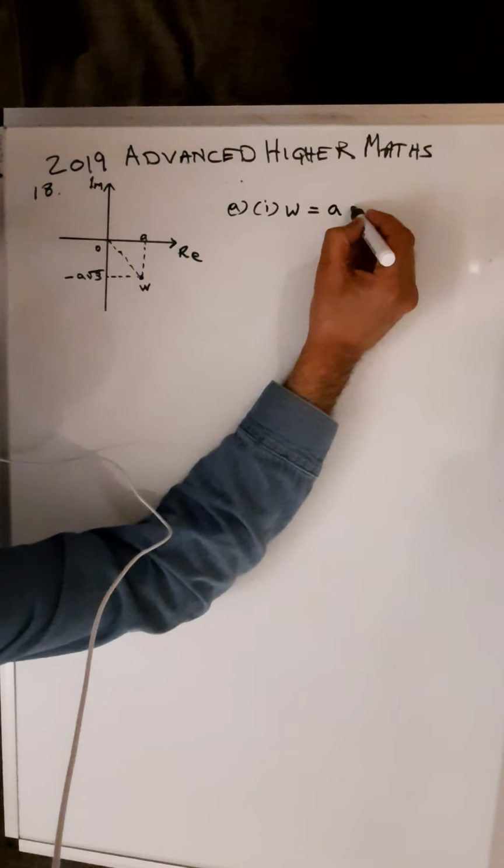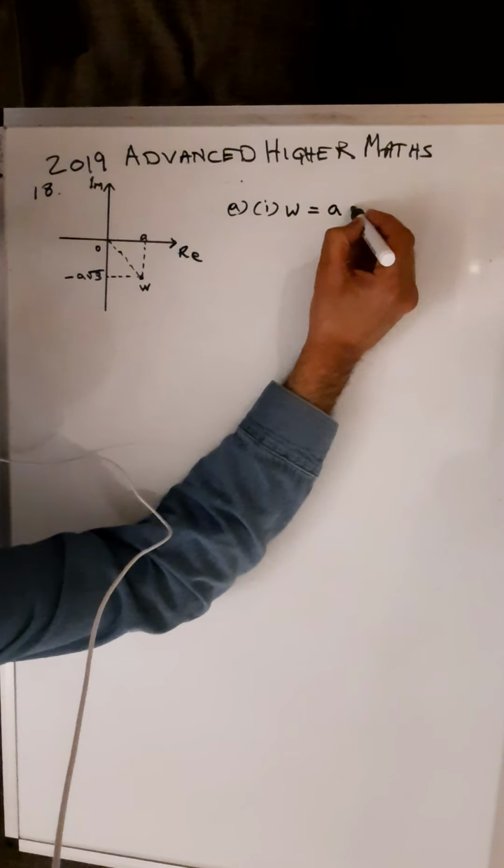That says minus root 3, 1, 2. So this is pi by 3 here. So that's just basically a 60-degree triangle, minus 60 degrees or minus pi by 3. So in polar form, you need the modulus.